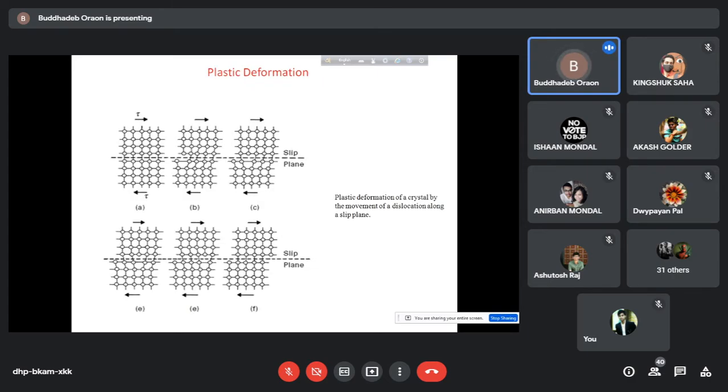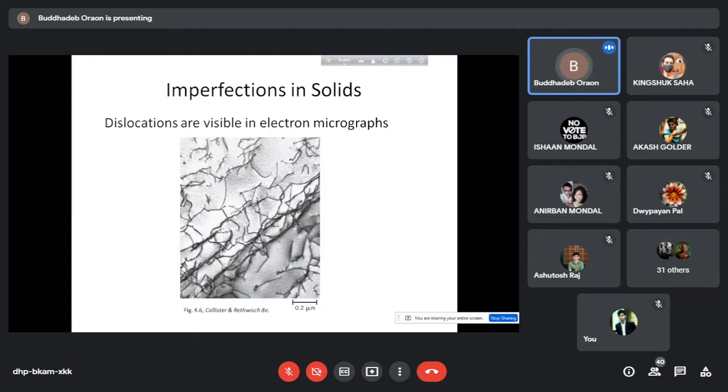Then the plastic deformation which takes place, that we have already discussed in this diagram. Now, the point is that there are some devices like the scanning electron microscope and microscopes with higher magnification. If the materials are actually analyzed and the diagrams are taken, then dislocations can actually be visible.